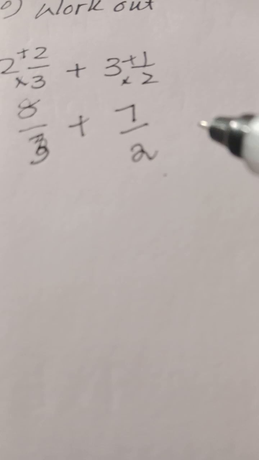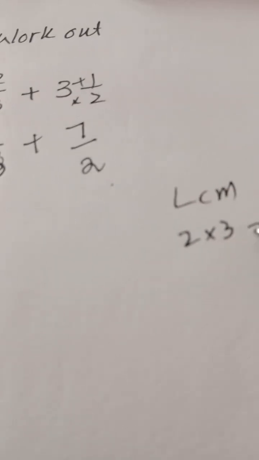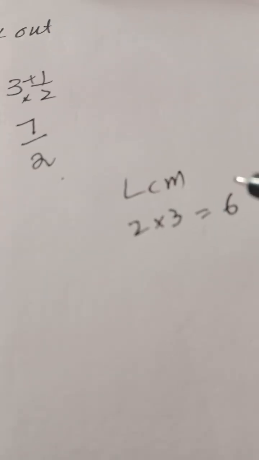Now we want to add two fractions that are in improper form. For addition, we will make the denominators common. We will take LCM of 3 and 2, that is the product of both prime numbers. If we want to get the LCM of two prime numbers, then it will be the product of both numbers. So LCM is here 2 into 3, that is 6.